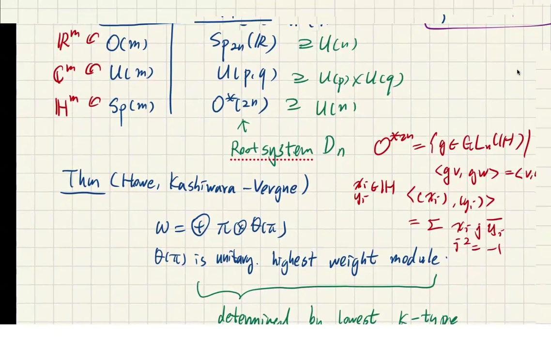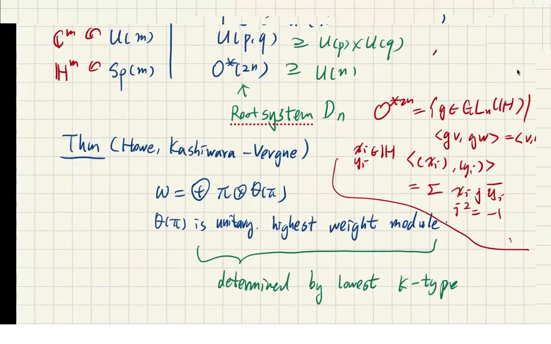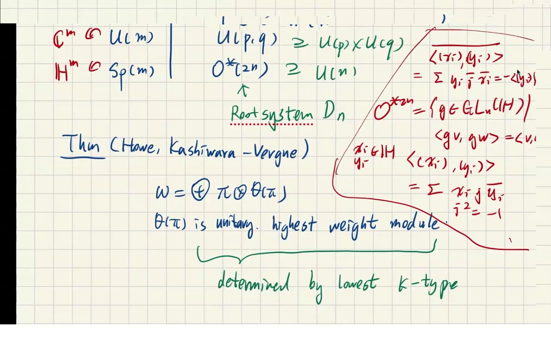Right, this is the form, and you can check it is skew symmetric because the conjugate of the summation x_i j \bar{y_i} is the summation y_i \bar{j} \bar{x_i}. Since \bar{j} is minus j, this is minus y_i j \bar{x_i}. Okay, so this is O*(2n).